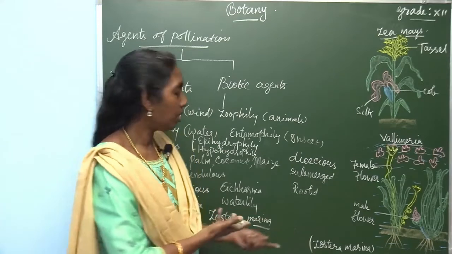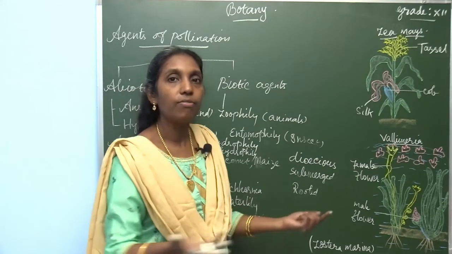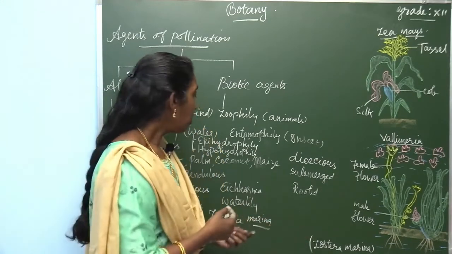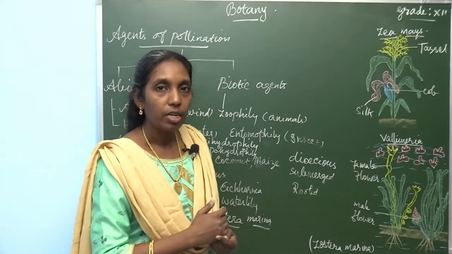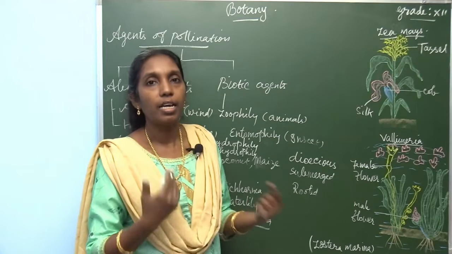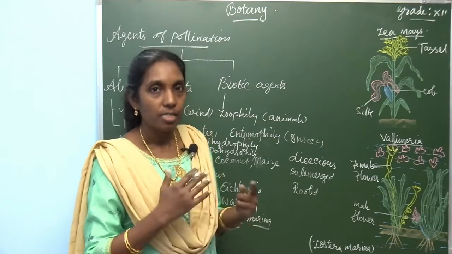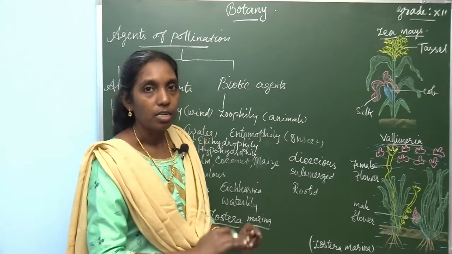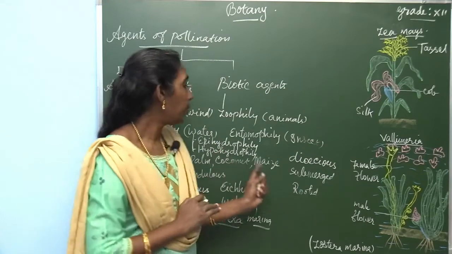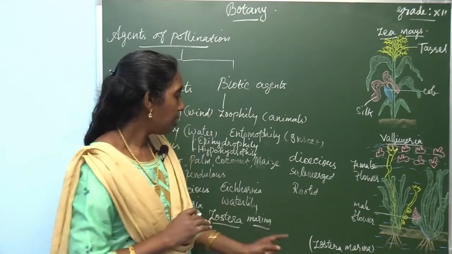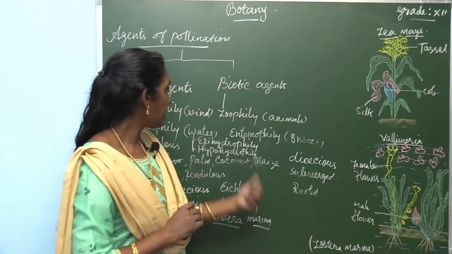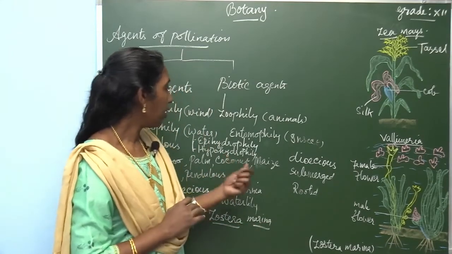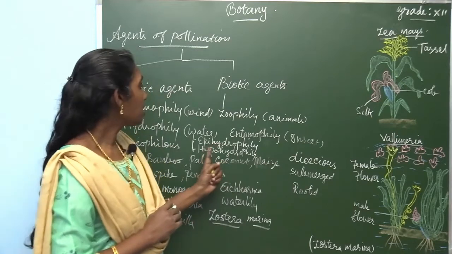When they come in contact with the female flowers, effective pollination takes place at any depth under water. This condition is hypohydrophily. The example is Zostera marina.